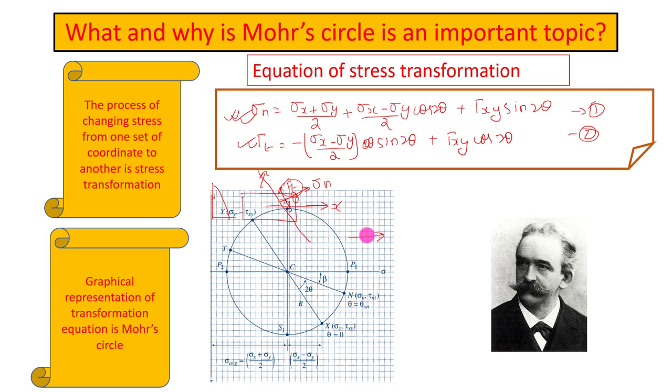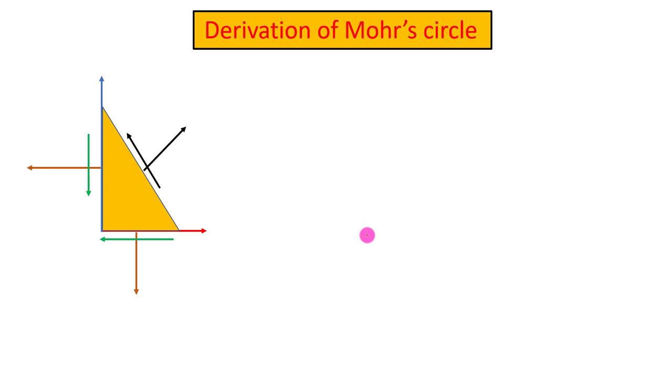Okay, so let's start and first discuss how we can derive the Mohr circle. To derive it, we can go back to the same wedge element. If you look at the wedge element, there are different stresses acting on this wedge. You can derive the formula for sigma and tau t by balancing the forces.